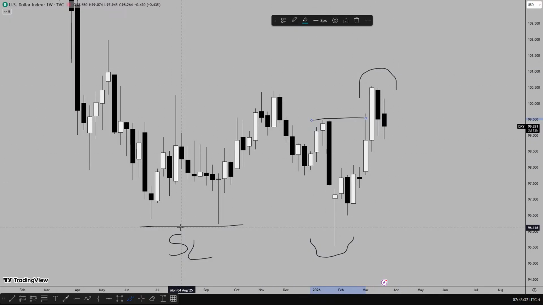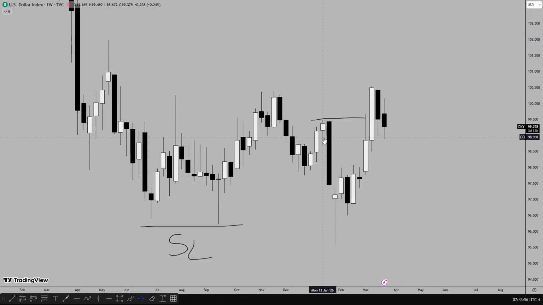After you run the sell side liquidity, there was a shift in structure from the swing high. Now we have a swing low and we have a swing high. With this idea, now we can build up our trade idea because now we understand the structure.